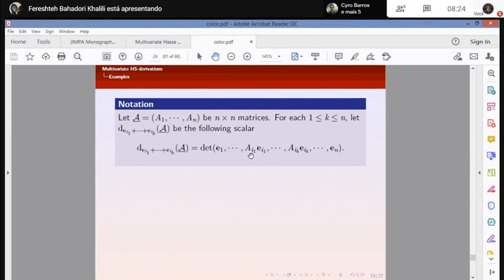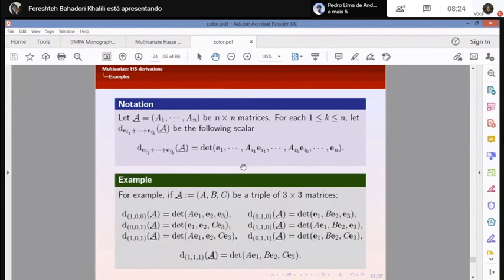This matrix is one whose A1 column is the A1 column of A1 and so on, and the other ones are just the columns of the identity matrix. For example, if we have a triple A, B, C, then these are the different indices that can be considered.